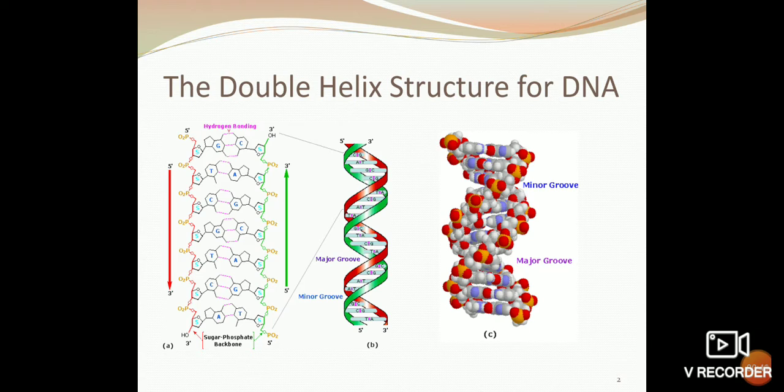The B is showing the major and the minor grooves with the base pairs, and the C is the part of this double helical structure with minor and major grooves.